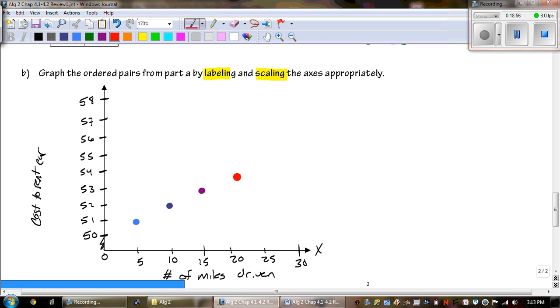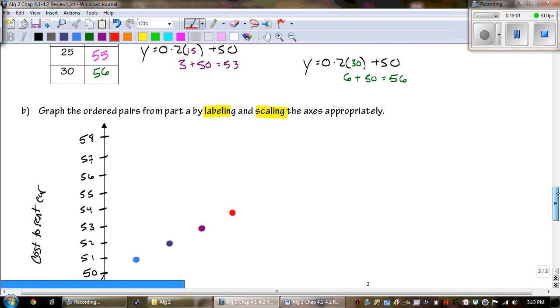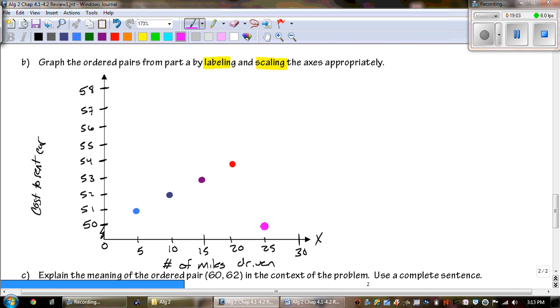So 20, 54. 25, 55. And then the last one was 30, 56. Okay, and now they did say to graph, which means now I'm going to connect the dots. And there we go.